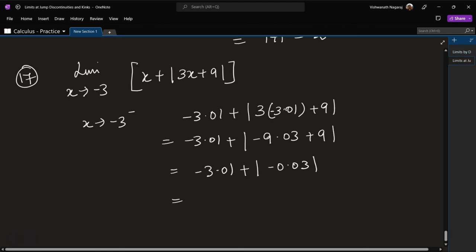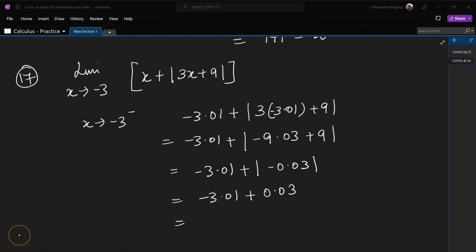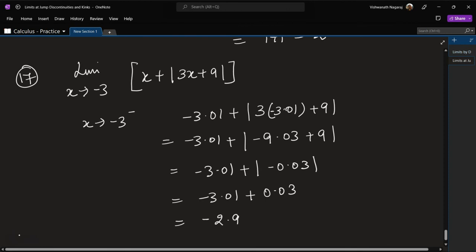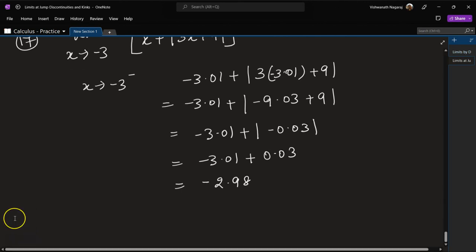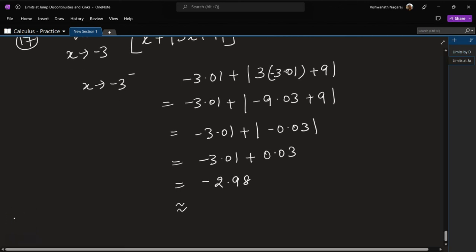This becomes minus 3.01 plus 0.03, which is equal to minus 2.98. So as we take more decimal digits, this will get closer and closer to minus 3. So we can say approximately equal to minus 3.